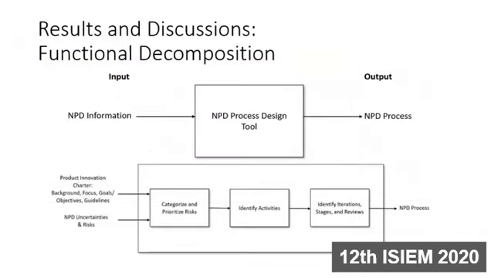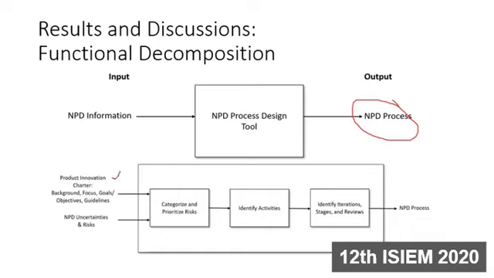In order to conceptualize the tool, the functional decomposition is needed. The primary function of the NPD process design is to get a specific NPD process relevant to the situations faced by the company. This specific condition is described in the Product Innovation Charter.